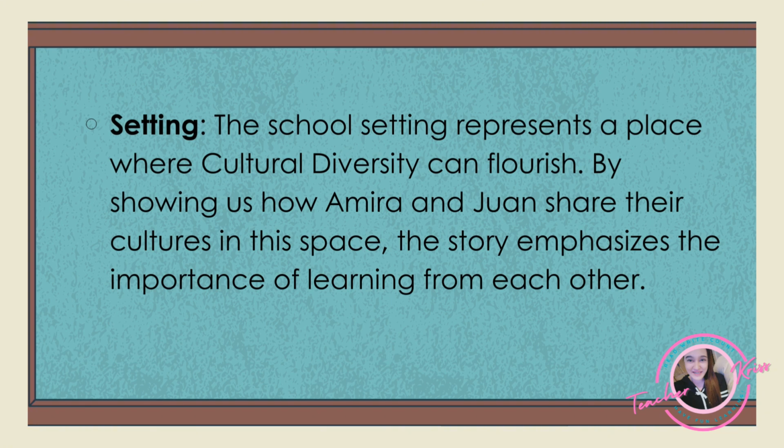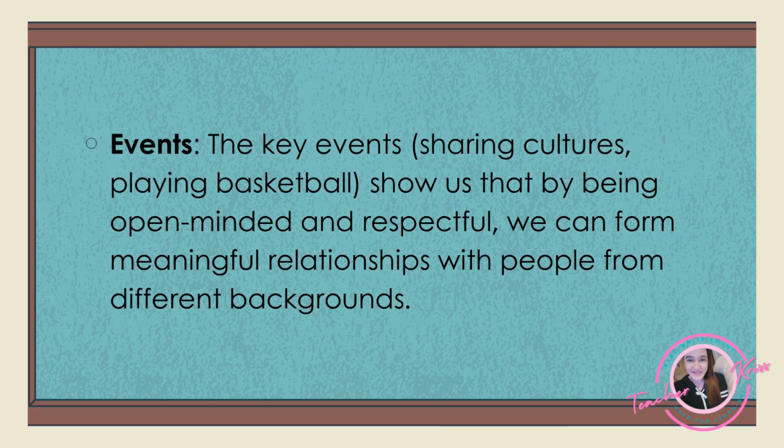The story also emphasizes the importance of learning from each other. Events or the key events. Sharing cultures, playing basketball show us that by being open-minded and respectful, we can form meaningful relationships with people from different backgrounds.